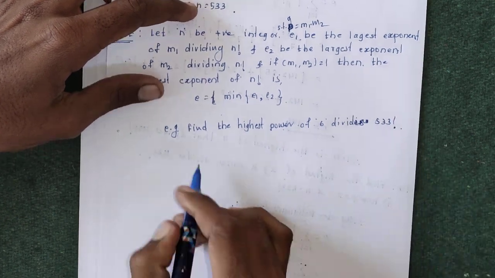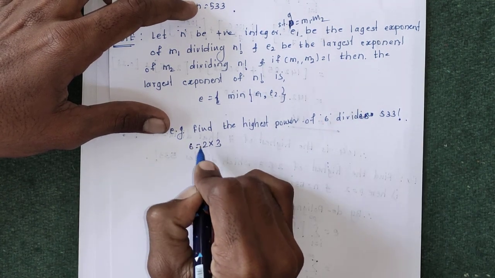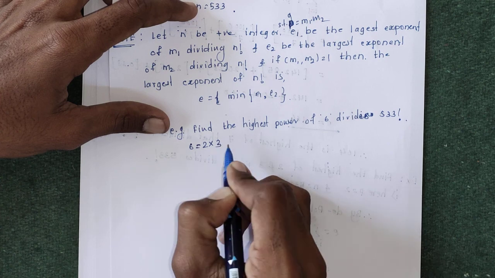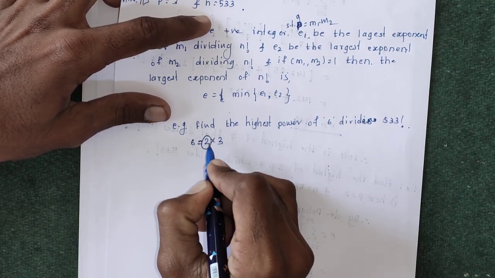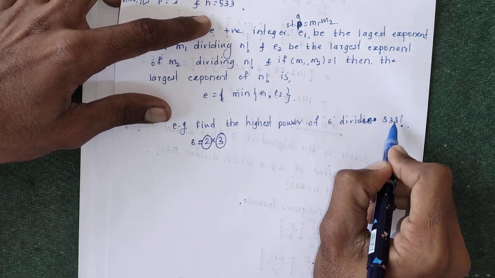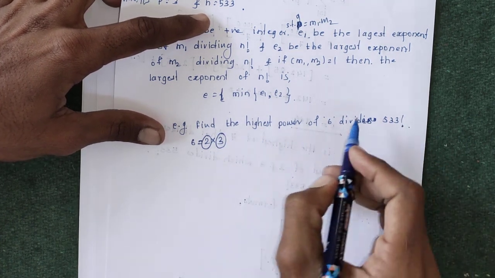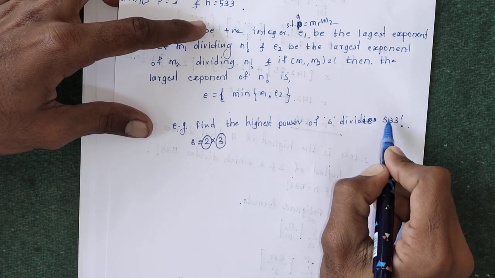If you are asked such a question, then you can write 6 as 2 into 3, and after that you can find the highest power of 2 dividing 533 factorial and the highest power of 3 dividing 533 factorial. But you have to find the highest power of 6 which divides 533 factorial.